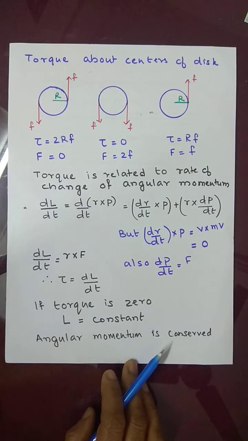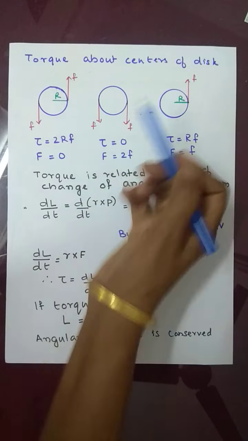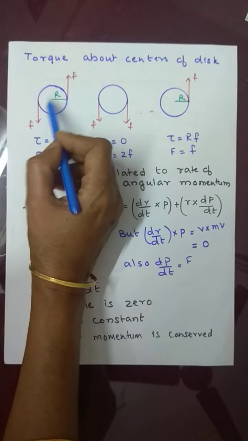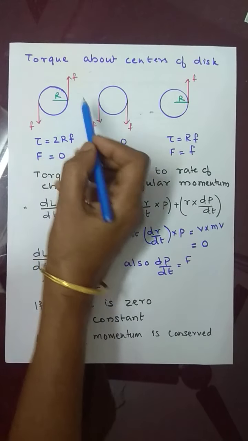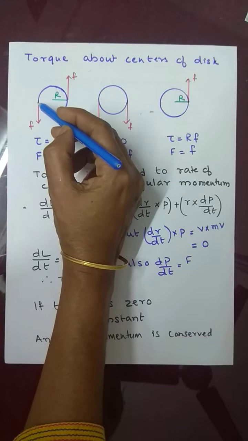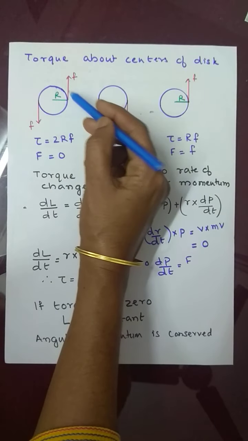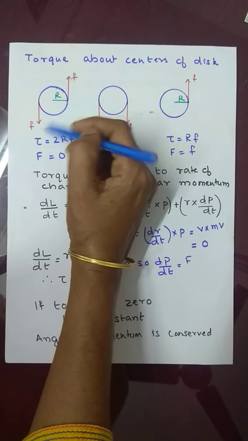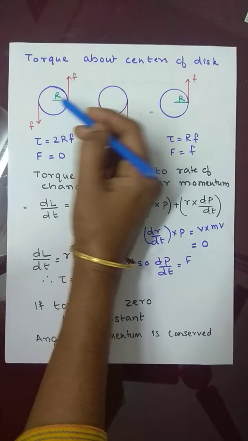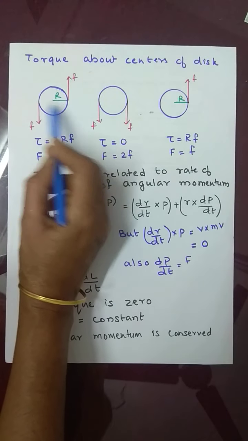Now let us consider torque acting about the center of a disc. Three different cases I have considered. This is a disc of radius r. A force is acting in this direction, diametrically opposite. Another force is acting in the opposite direction. You have studied couple, isn't it? Equal and opposite forces acting on a body.